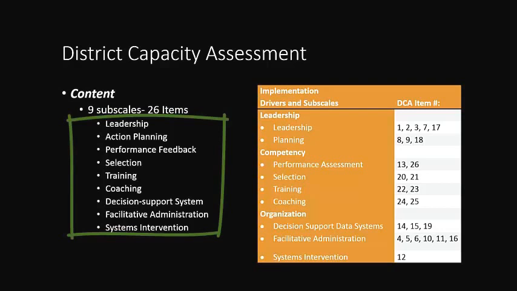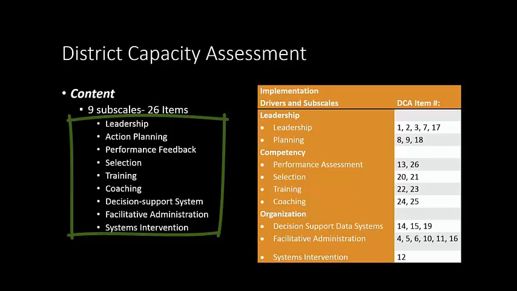Are you supported by a district administration or school site administration? And then your systems for intervention. How do you select what you have, and what types of interventions do you have scaffolded to your PBIS framework?